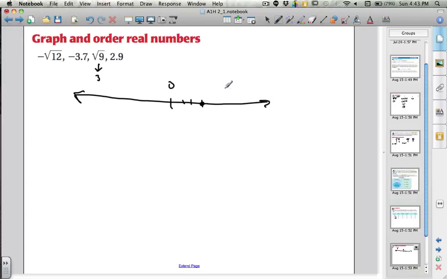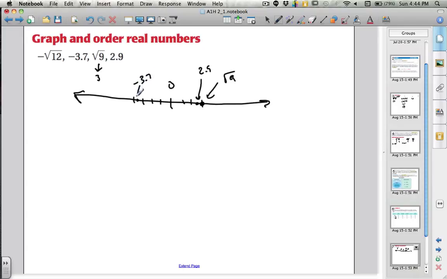There's that. So that's the square root of 9. 2.9 is just under 3. It's right about here. So we'll put that there, 2.9. Then -3.7, 1, 2, 3, 4. It's a little over halfway between -3 and -4.